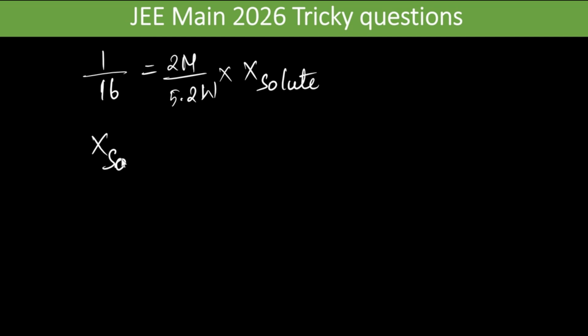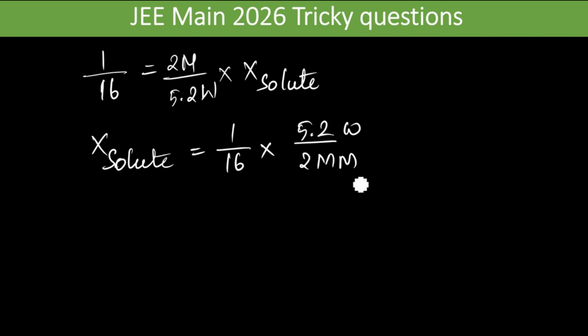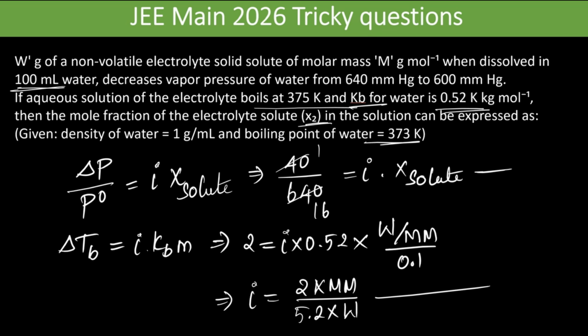So I want chi of solute, that is equal to 1 by 16 into 5.2 into W by 2 into molecular mass, which will be 1.3 by 8 into W by mm. So in the options they have given this value, which is option 1.